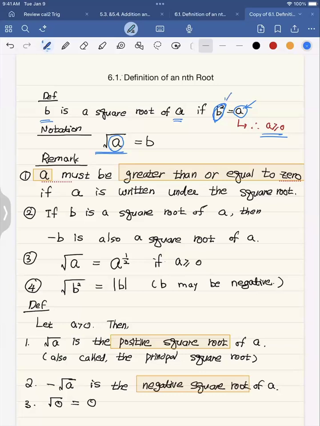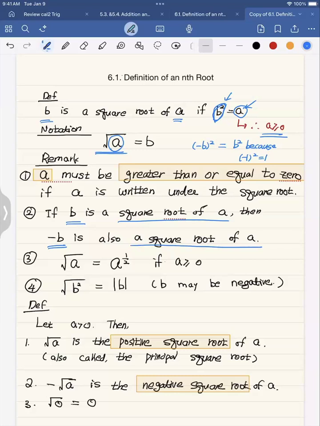Because of this definition, and we know that minus b squared equals b squared, because minus 1 squared equals 1, if b is a square root of a, then negative b is also a square root of a.